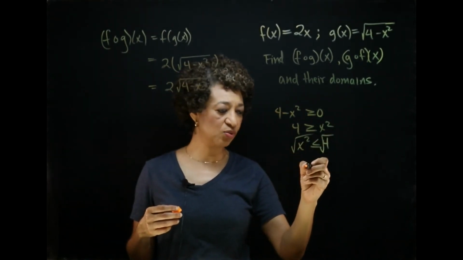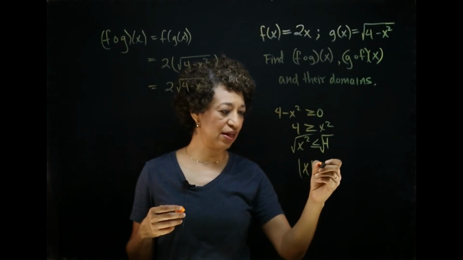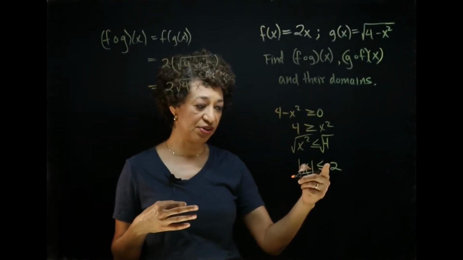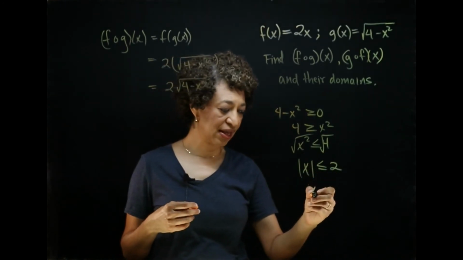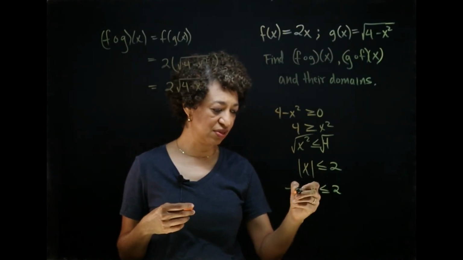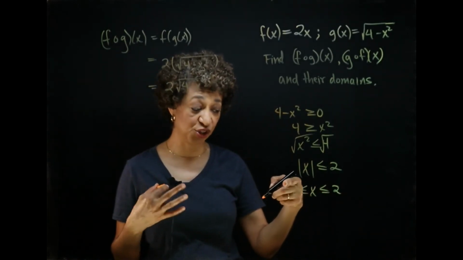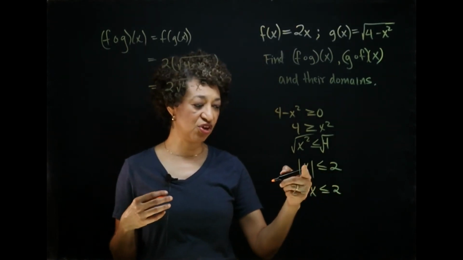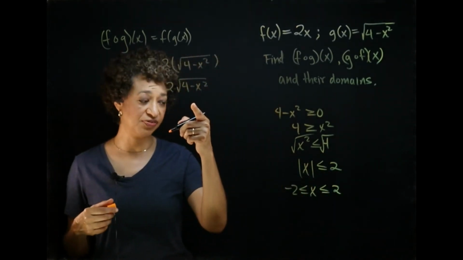The square root of x squared is defined to be the absolute value of x. So the absolute value of x would be smaller than 2. And so x would be between 2 and negative 2 inclusive, including, that is, negative 2 and 2. So that is the restriction on x, and that is the domain of this function.